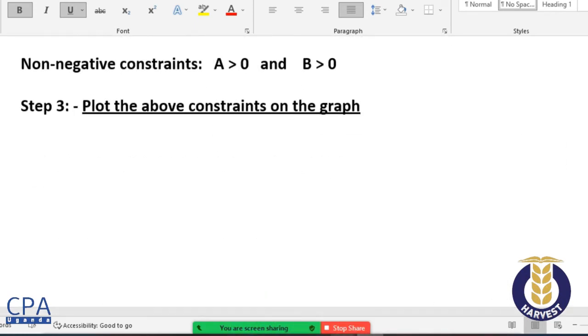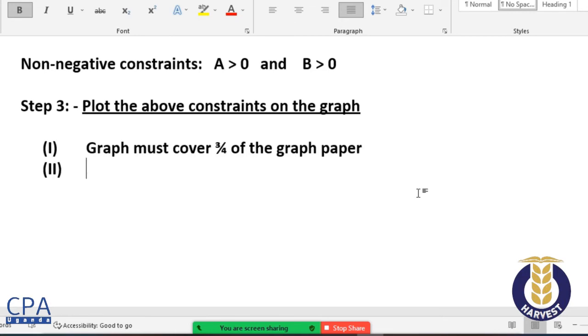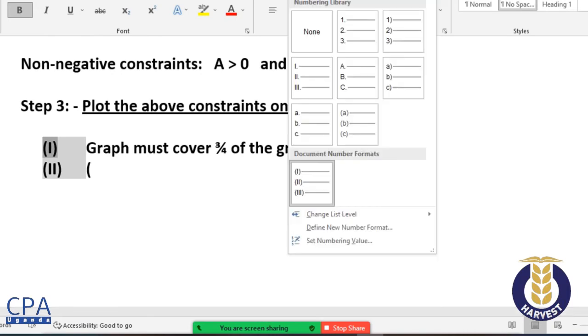Let me type it here in the Word document. Rule number 1, graph must cover 3/4. What is going to help you get the 3/4 is the scale. You must get an appropriate scale which can give you 3/4.